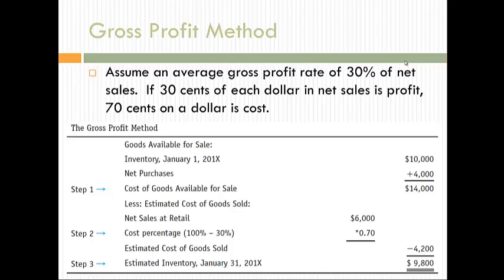This equals $4,200. This is an estimate of the dollar value of cost of goods sold. Step 3 is to subtract estimated cost of goods sold of $4,200 from cost of goods available for sale of $14,000 to arrive at an estimated inventory of $9,800.